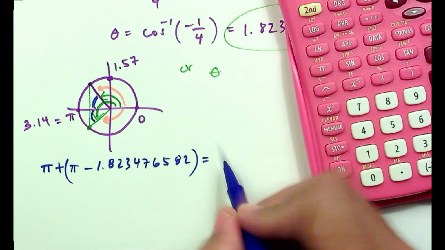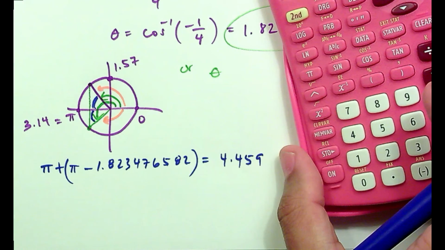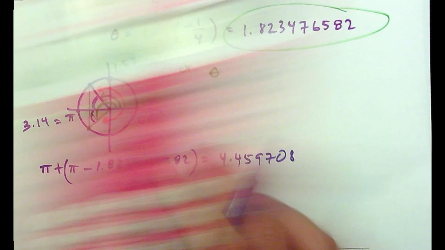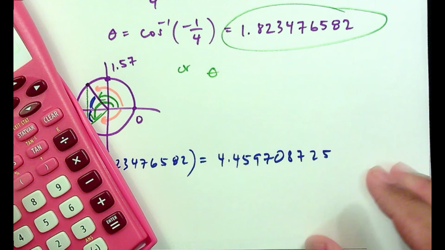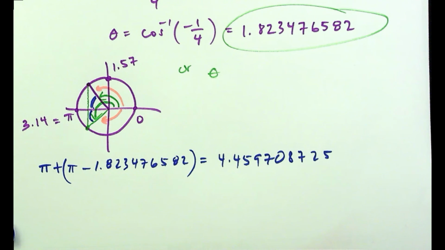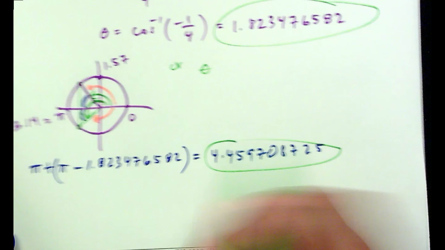Okay, so there you go. 4.459708725. Now we are done. All you need to do is give the final answer, which is this, but just round it to 4 decimal places as per the instructions.